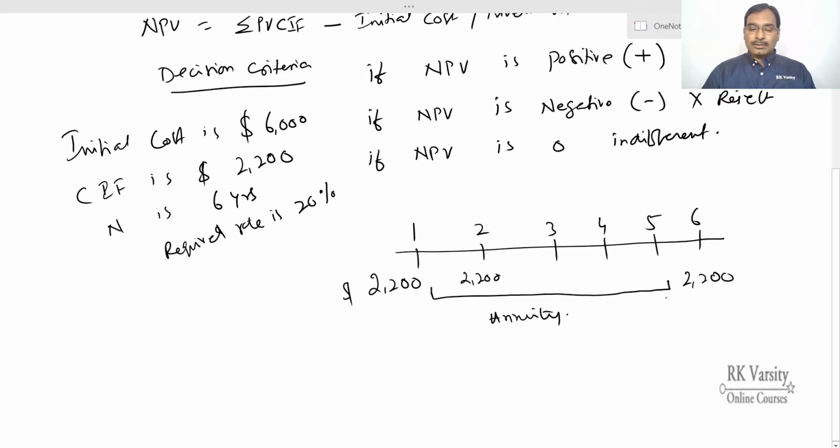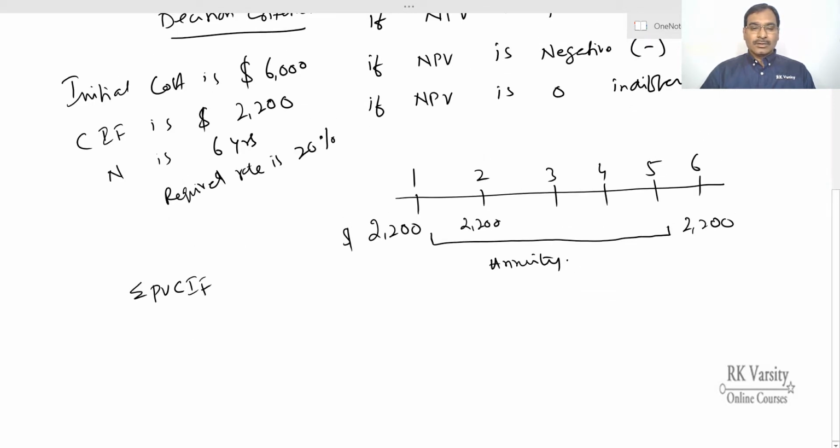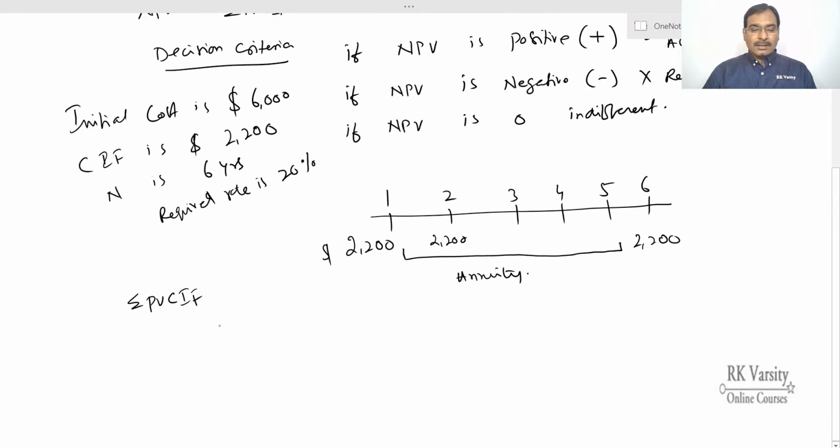Now you have to discount all these future cash flows into present value to get the summation of present value of cash inflows. The formula that we use to calculate present value of even cash flows or an annuity is the present value interest factor annuity. By using this equation, you can calculate the present value of the cash inflows.